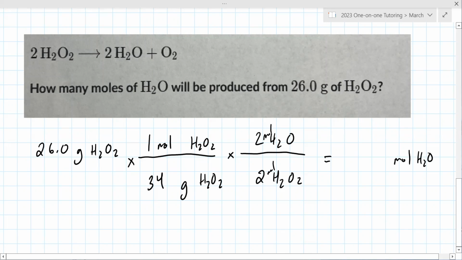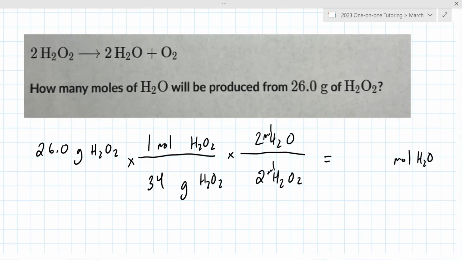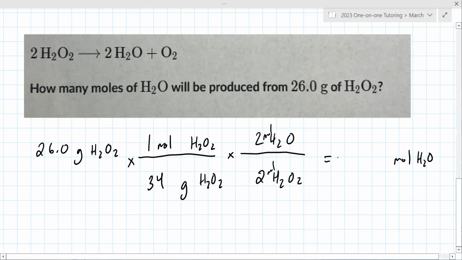Equals 0.81. You're doing 26 divided by 34.